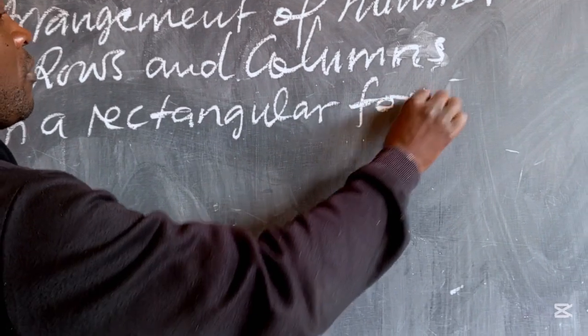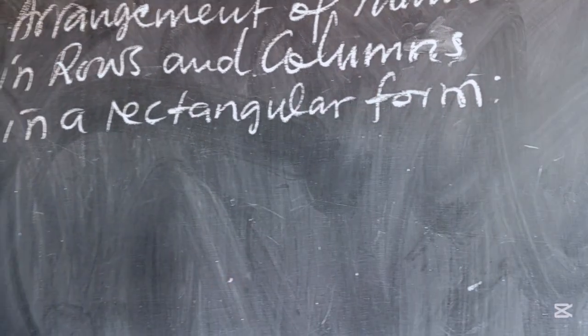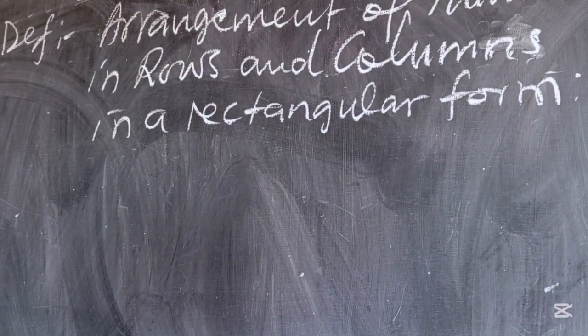So the arrangement of numbers in rows and columns is what we are calling matrices.